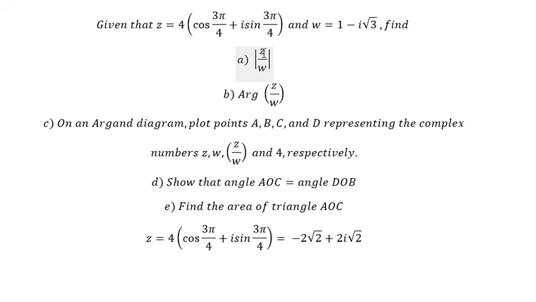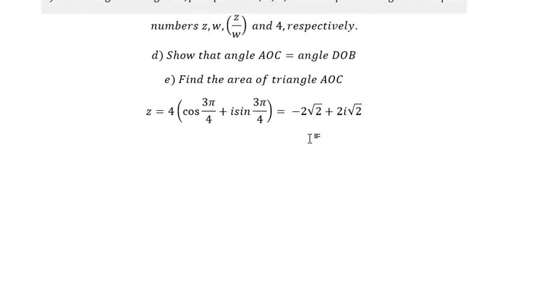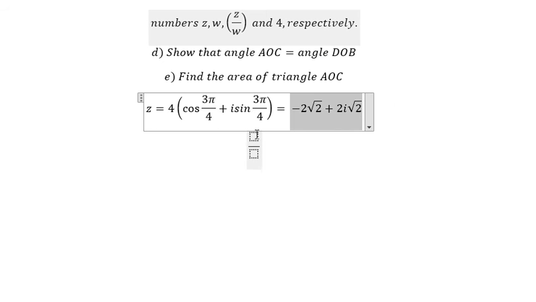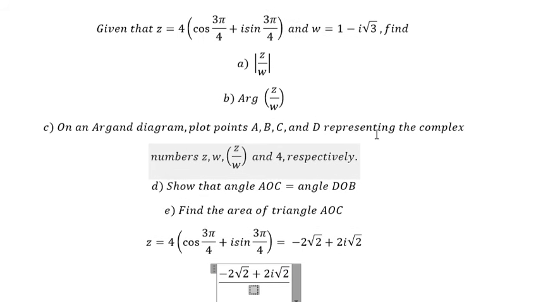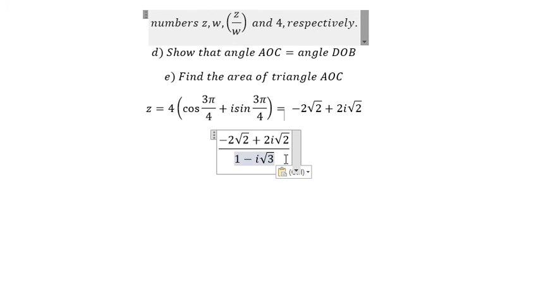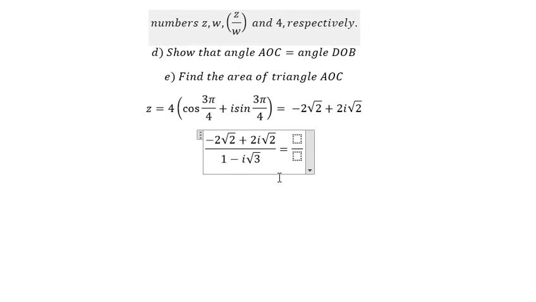Now we have z over w. So we put z from this one in here and w this one in here. Now we need to multiply by 1 plus i with the square root of 3.